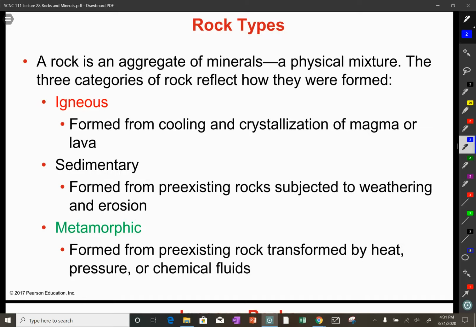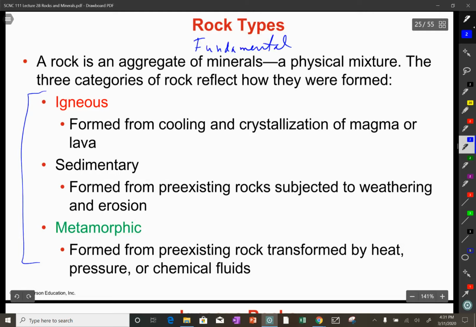We also break rocks into 3 fundamental categories. And these categories are not based on what they look like or what their chemical composition is. They're based exclusively on how they were formed. Igneous rocks formed from fire. Igneous rocks were melted and then they froze.